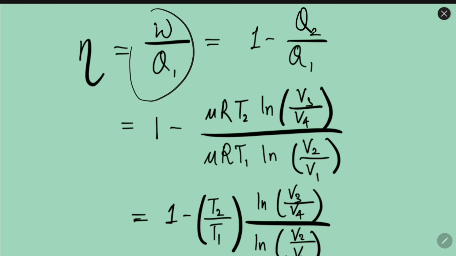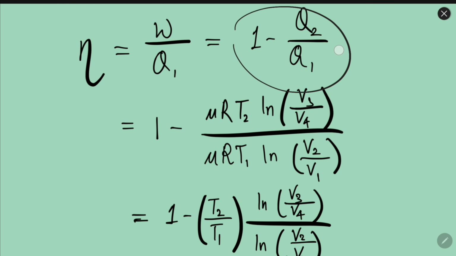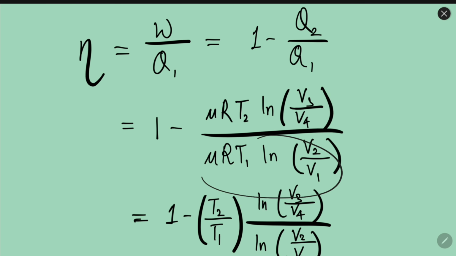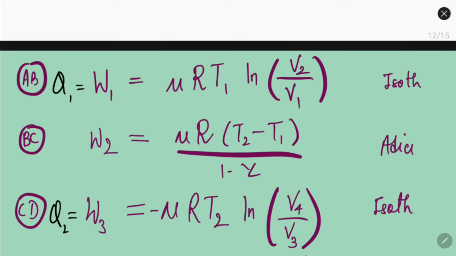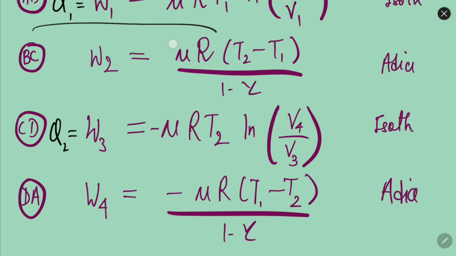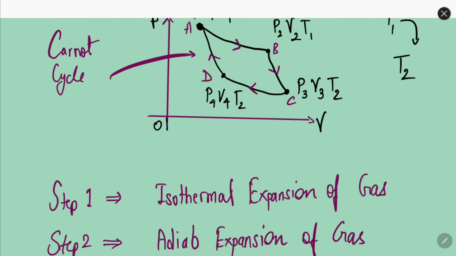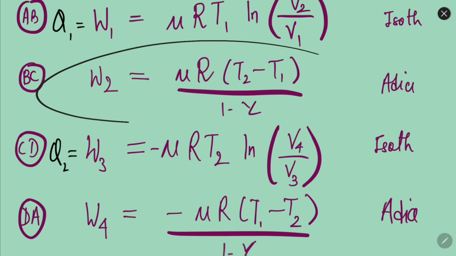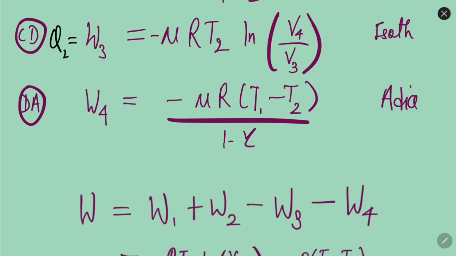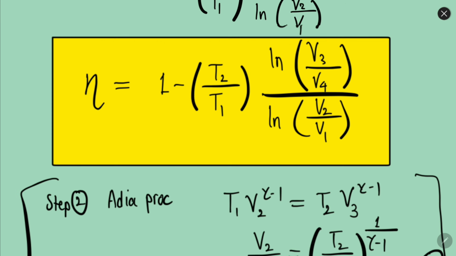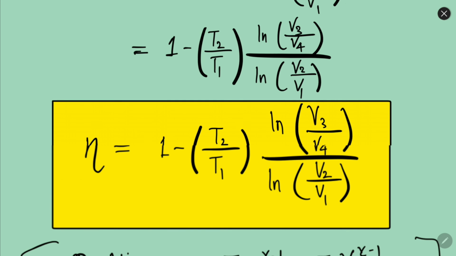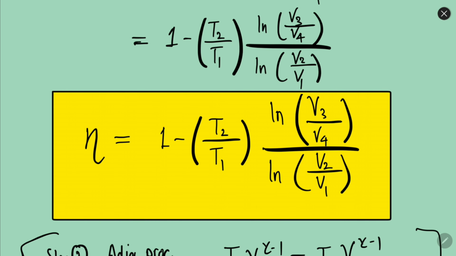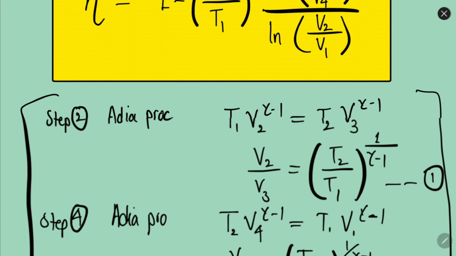We know that efficiency is work done upon Q1, so it will be 1 minus Q2 upon Q1, and we can put the values of Q2 and Q1 that we have found here. This is Q1, this is Q2, because in these two processes it is adiabatic, so heat exchange is not there. Once we simplify this further, we get the efficiency equal to this value.